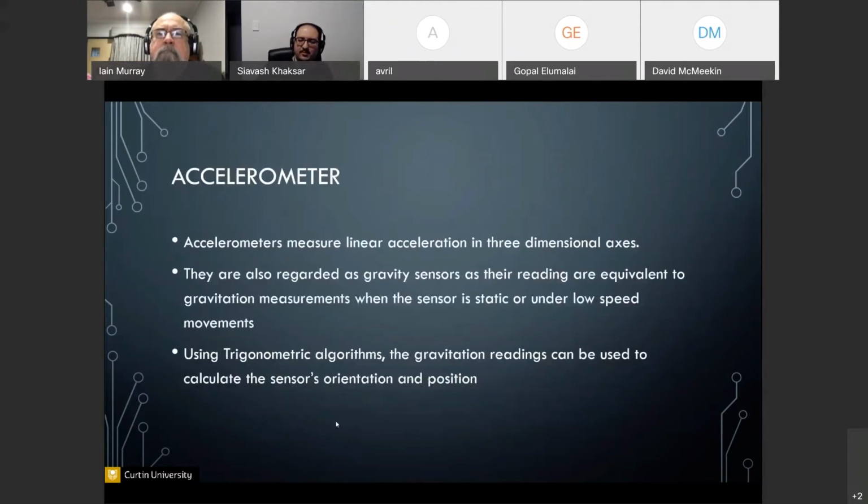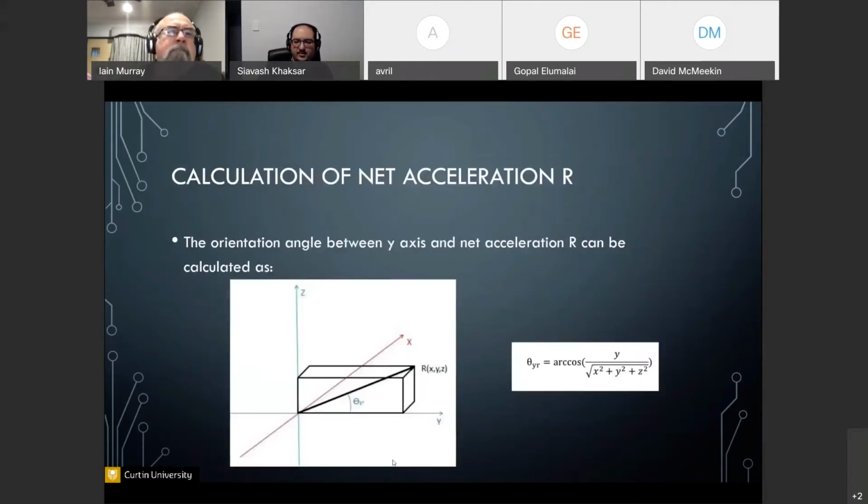So basically, you'll have the accelerometer in there, and it measures linear acceleration in 3 dimensions. They're also regarded as gravity sensors, as the readings are equivalent to the gravitational measurements when the sensor is static or under low speed movements. And this is an example of how you can calculate that acceleration from the data you're reading off the accelerometer part of the IMU.